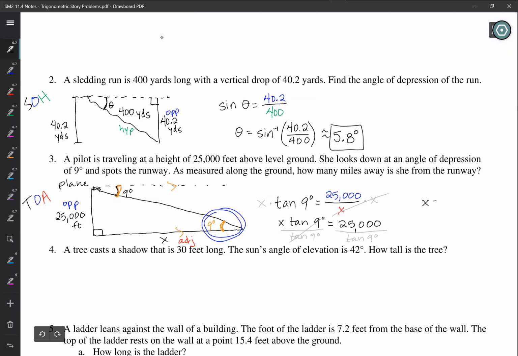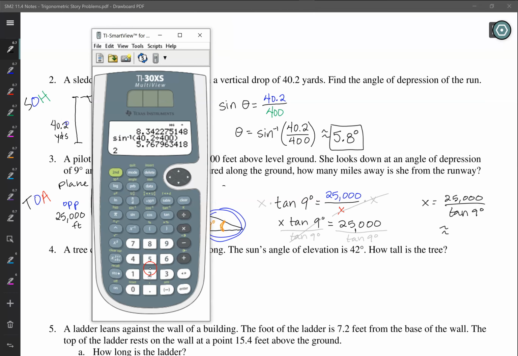And you get that X is 25,000 over the tangent of 9 degrees, which is about a long way. 157,844 feet.